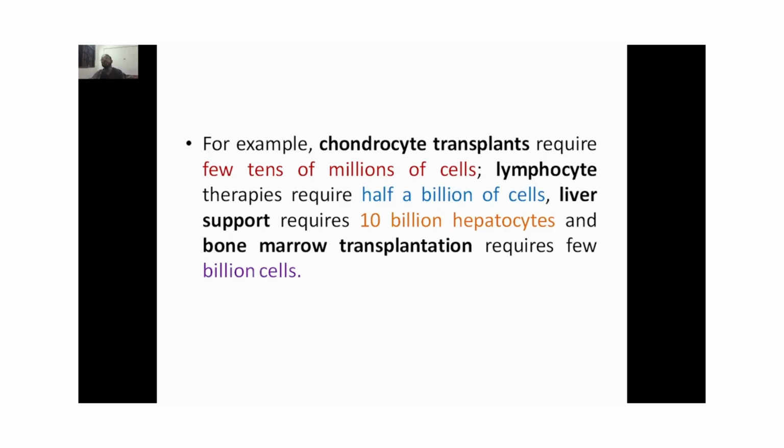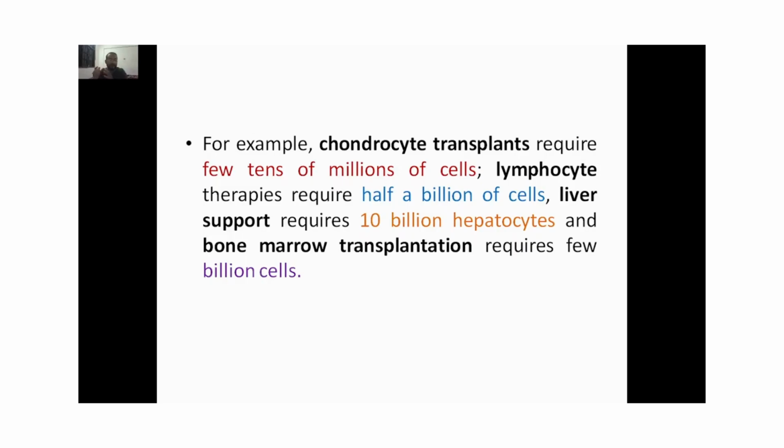Lymphocyte therapies require 500 million cells. Liver support requires 10 billion hepatocytes, and bone marrow transplantation requires a few billion cells. These are the maximum cells required to do the minimum function of the particular organ.